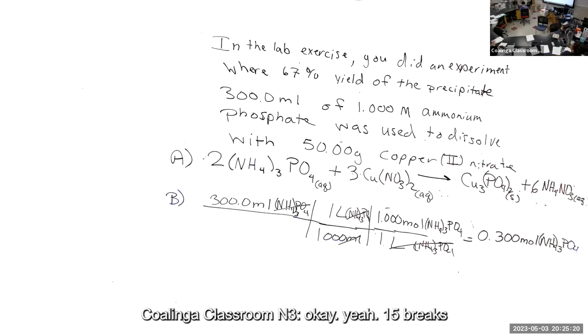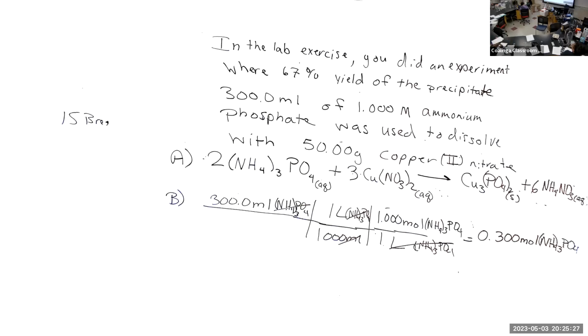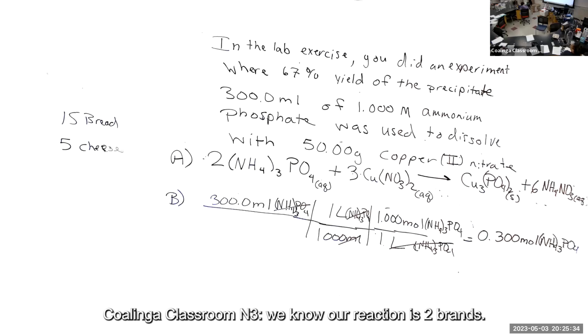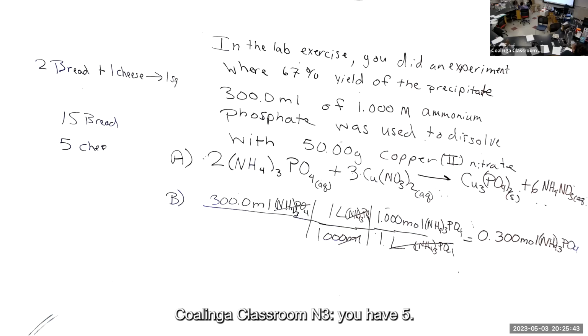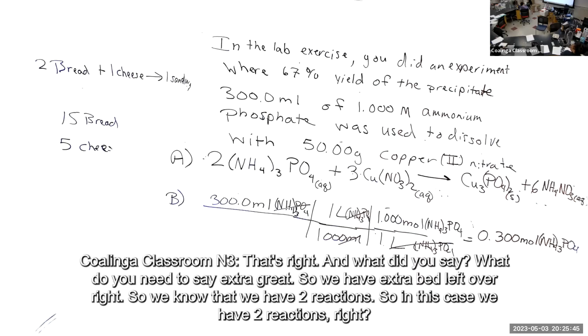Write this over here: 15 bread, 5 cheese. Our reaction is 2 breads plus 1 cheese equals 1 sandwich. You got 5, but there's going to be extra bread left over. That's right.